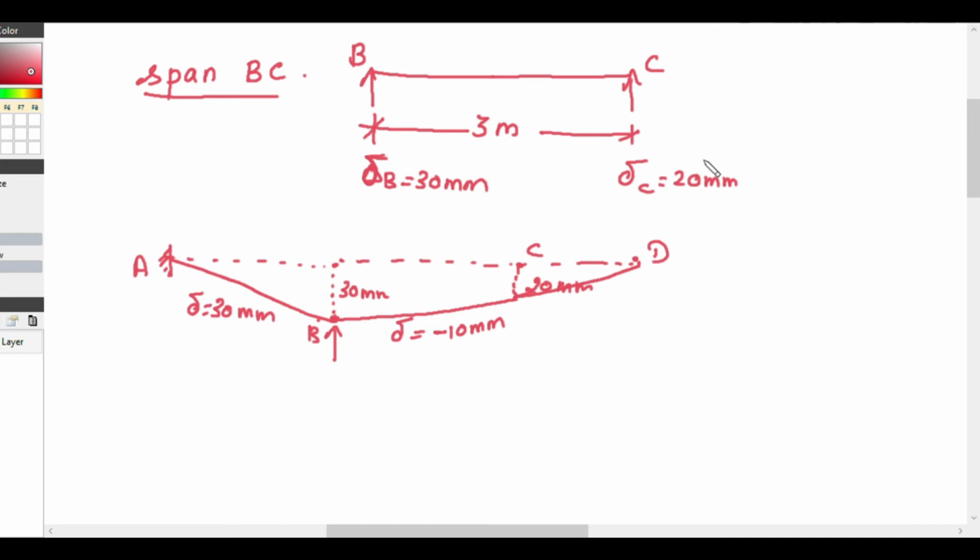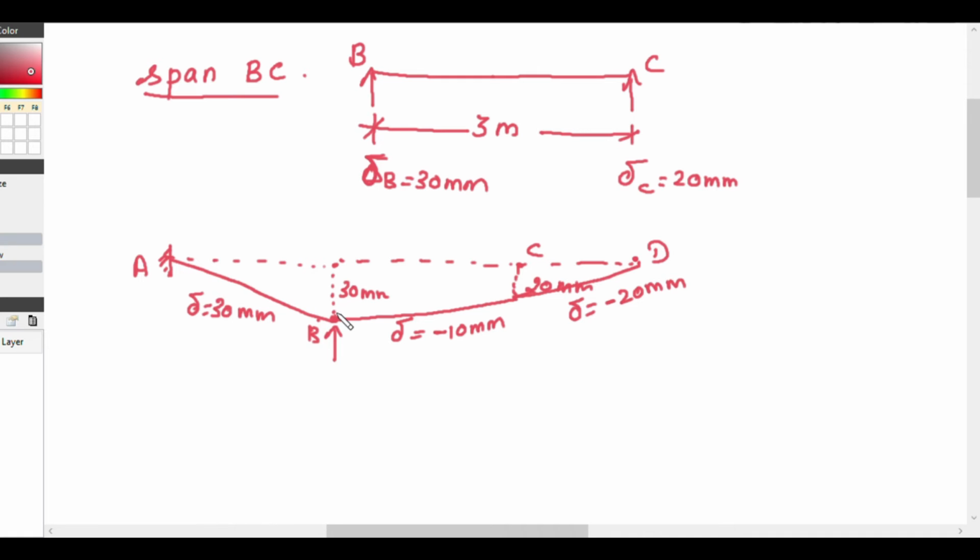For the span CD, it is in the upward direction, so delta will be minus 20 mm. So you should be careful in this. When we are considering the span BC, the delta is minus 10 mm because here it is 30, here you have 20. So the deformation is upwards, so it is minus 10.